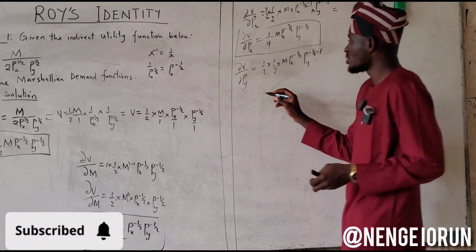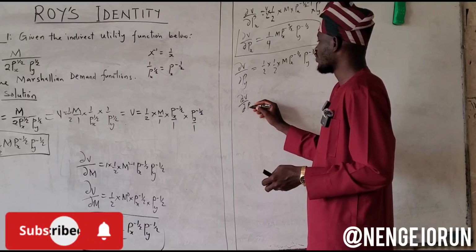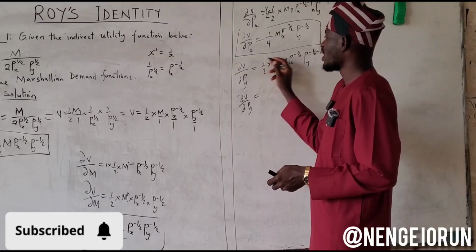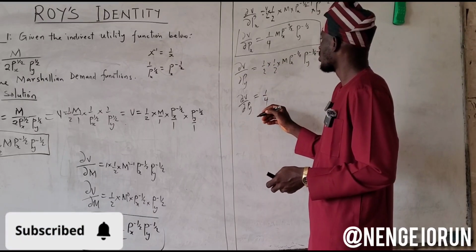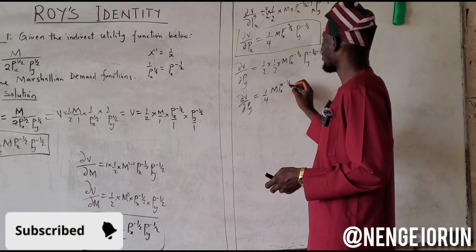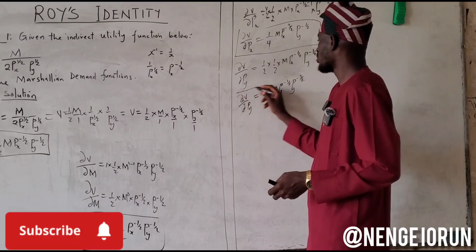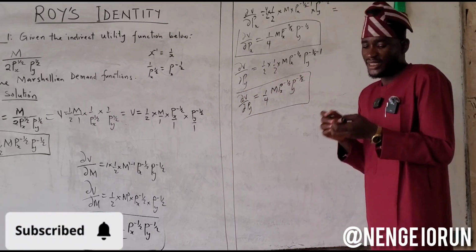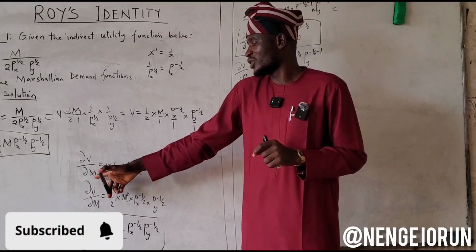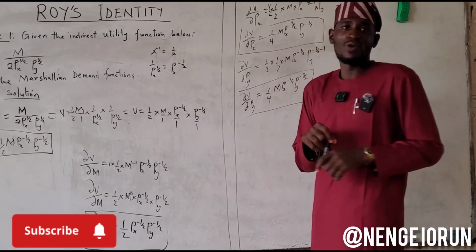Now this will give us the partial derivative of V with respect to Py equal to 2 times 2 is 4, 1 times 1 is 1, so 1 over 4, then M Px raised to the power of negative half, Py raised to the power of negative 3 over 2. So now we have succeeded in getting the partial derivative of V with respect to M, V with respect to Px, and V with respect to Py.